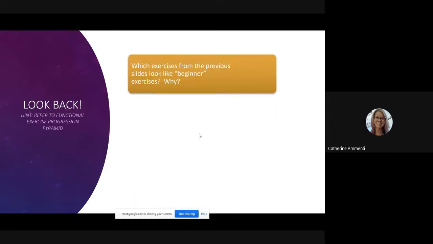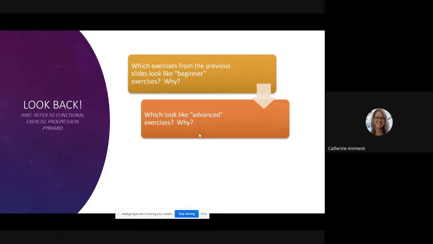And when we're reviewing these exercises, look at those slides and try to figure out which of those exercises look like they would be beginner exercises. And why do you think they would be considered beginner exercises? I also want you to look back and try to figure out which exercises would be a progression or what looks more advanced.